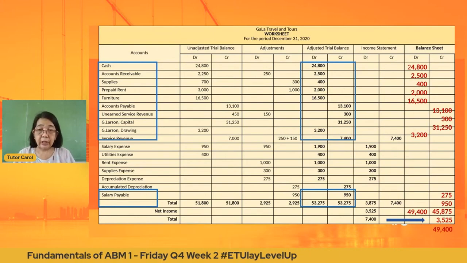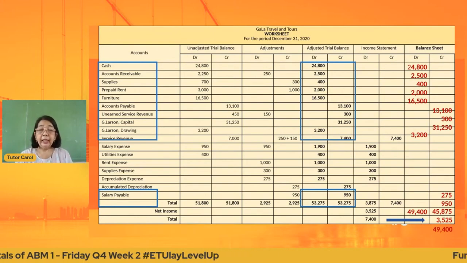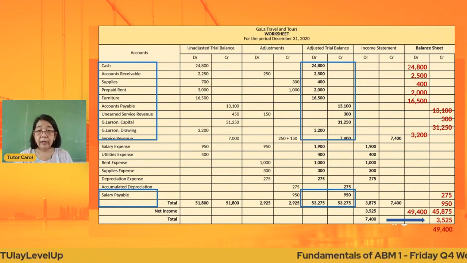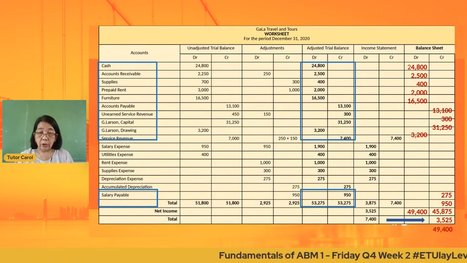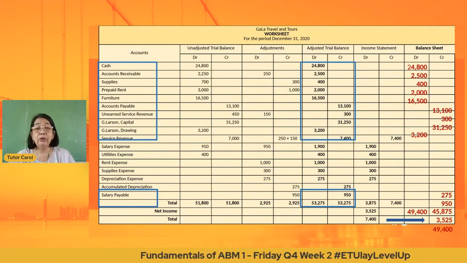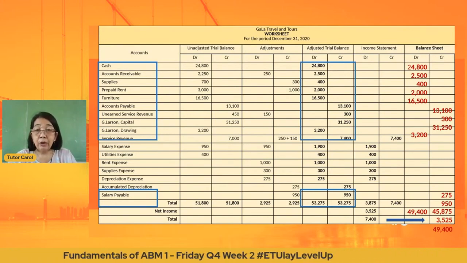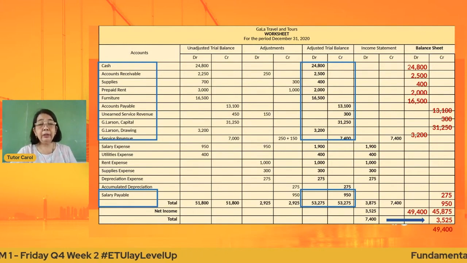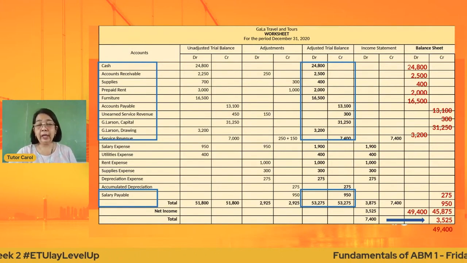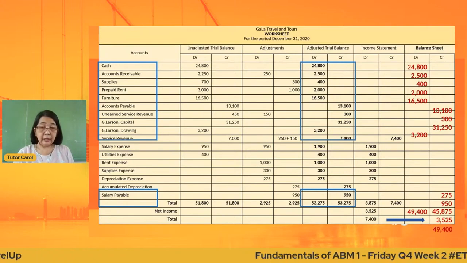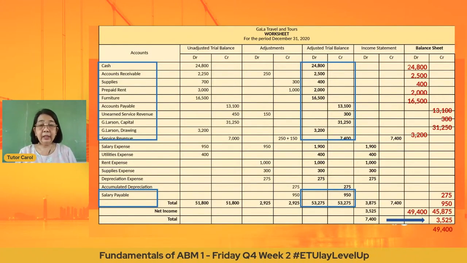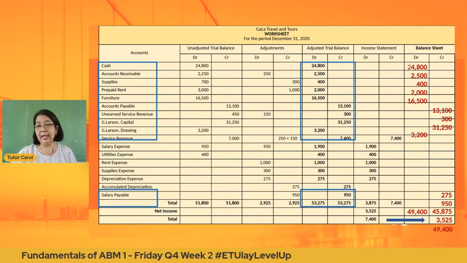So, i-add mo sila, 45,875 plus 3,525, okay, total is 49,400. Pareho na sila ngayon ng debit side. So, meaning, ang ating worksheet ay correct. Kasi, okay, nagbalanse lahat ng side natin. Debit side and credit side ay balance lahat.